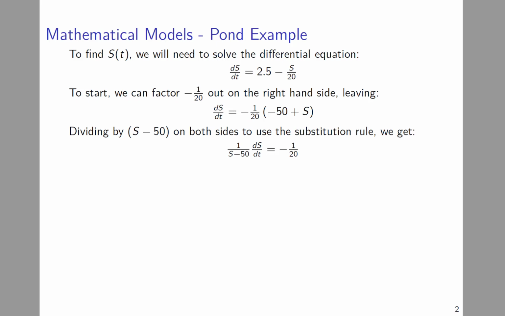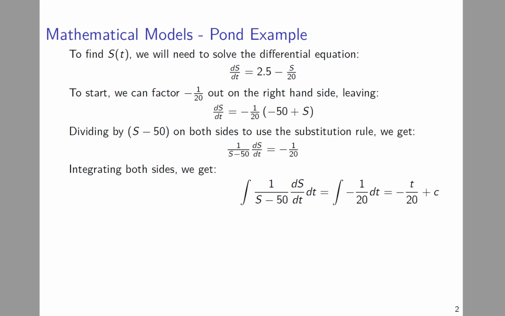Now that we've written it in this form, as we did in past examples, if we integrate both sides, we get that the integral of 1 over S minus 50 times dS/dt is equal to the integral of negative 1 over 20 dt, where the right-hand side can be simply found as negative t over 20 plus a constant of integration c.